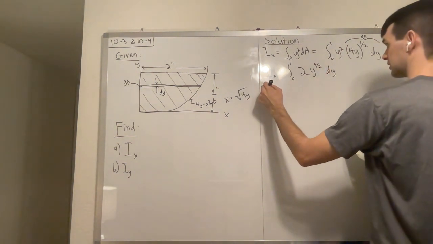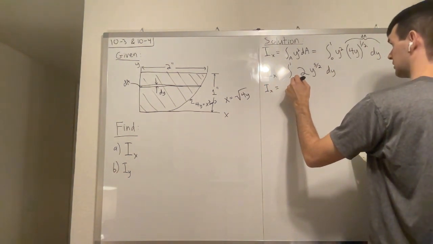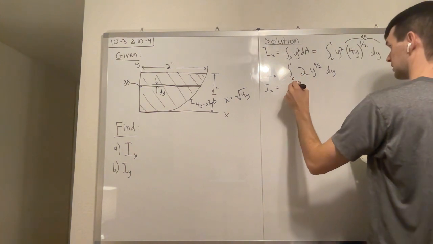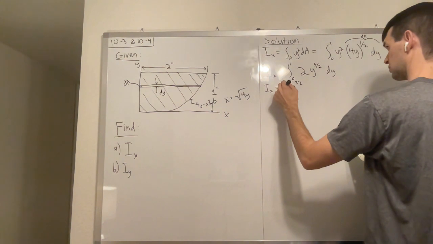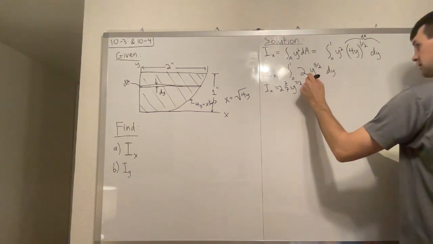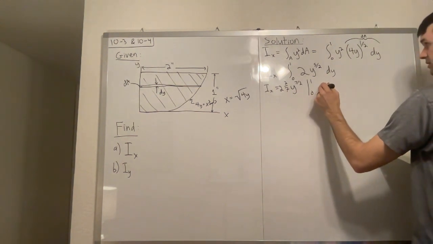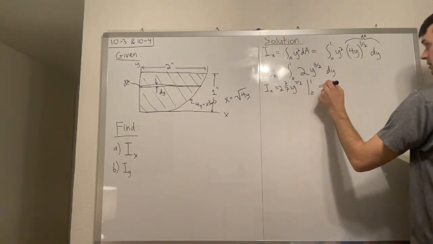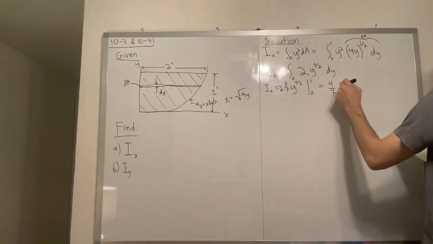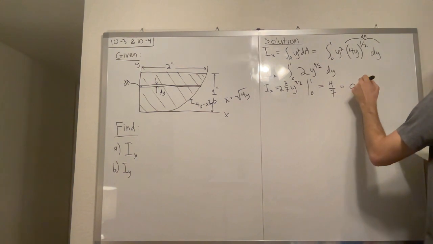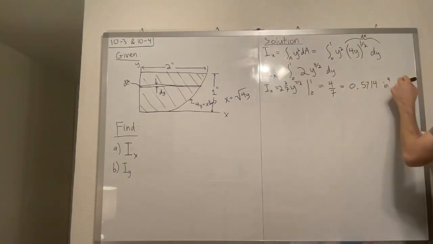And when we take that integral, we end up getting Ix equals, so you get y to the 7/2, 2 times 2 over 7, evaluated from 0 to 1, which gets us 4/7, which is equal to 0.5714 inches to the fourth.